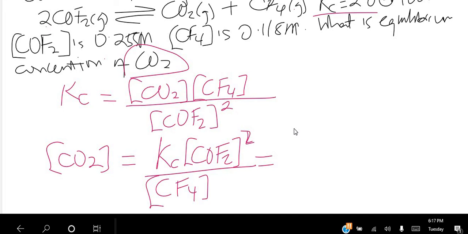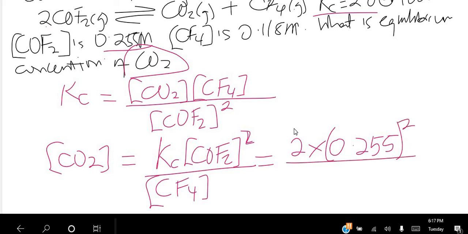Our Kc is 2.0, so it's going to be 2 times our COF2, which is 0.255, squared, raised to power 2, over CF4, which is 0.118 molar.